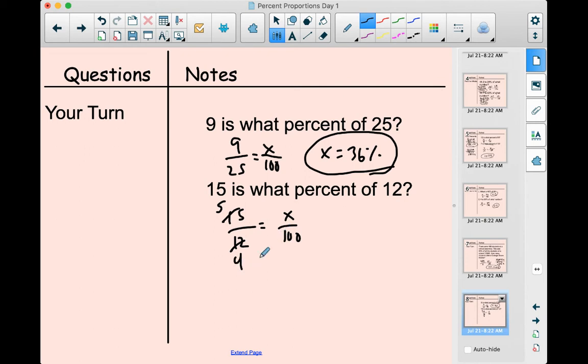And 4, there is a number I can multiply 4 by to get 100: 4 times 25 would give me 100. So if I'm multiplying the top and bottom by 25, 5 times 25 is 125. So x is 125. That is a percent, so I can put the percent sign. And like I suspected, I ended up with something more than 100 because my part was bigger than my whole.